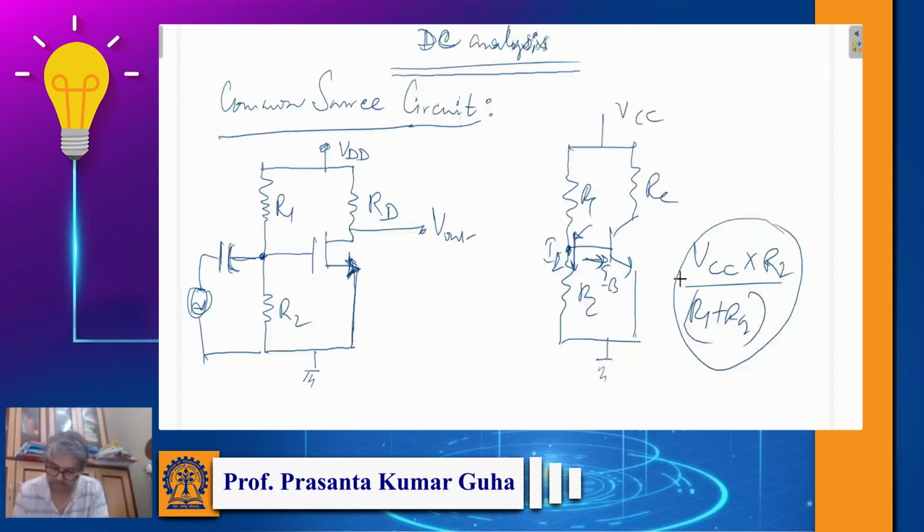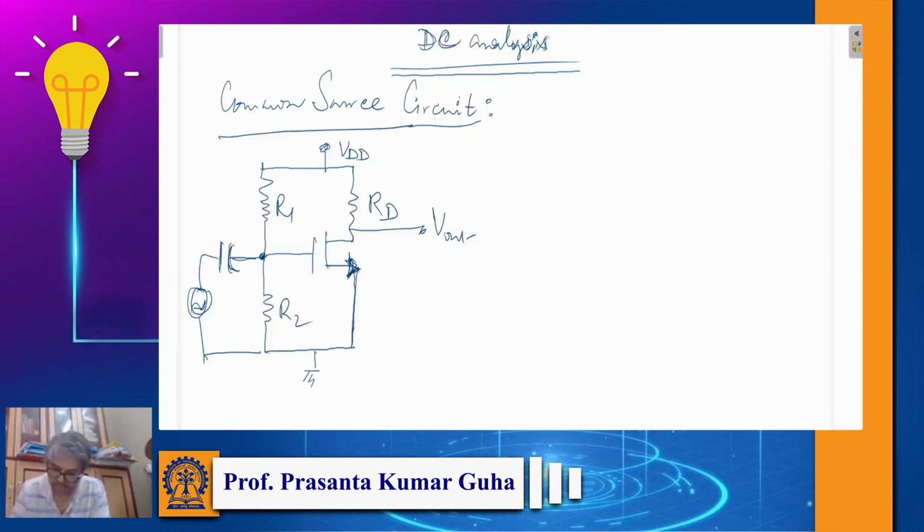But in this particular case, we don't have any gate current. So you see, we can straight away write the voltage here, which is basically Vg, say.